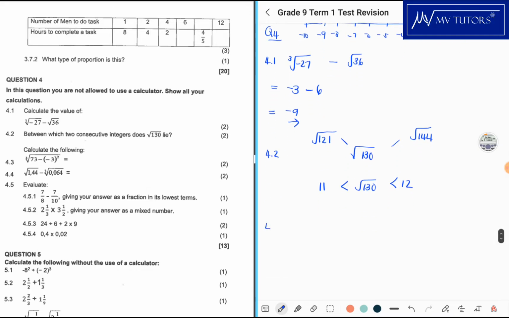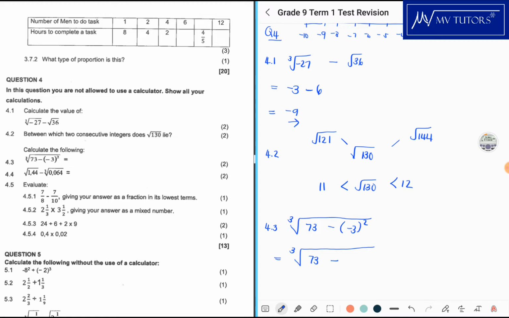Now we are at 4.3. So it says calculate the following. So we have a cubed root of this long sum. Well, not that long, but then we have 73 minus 3 squared. Okay, let's take it step by step. So we have cube root, 73 we're leaving, and then we are subtracting. What is negative 3 squared? Again, if you don't know, go to that video for grade 8 content that deals with exponents, the squares and the cubes.